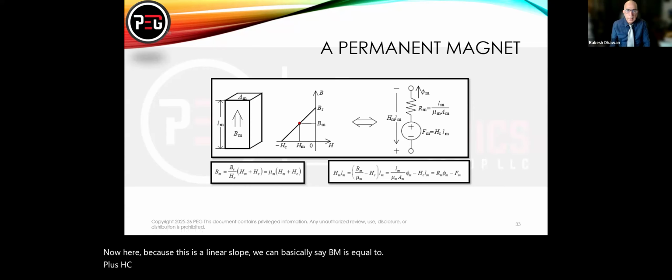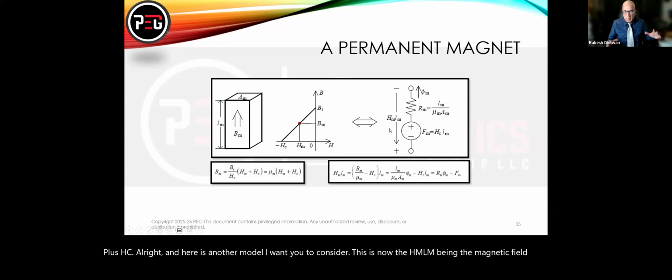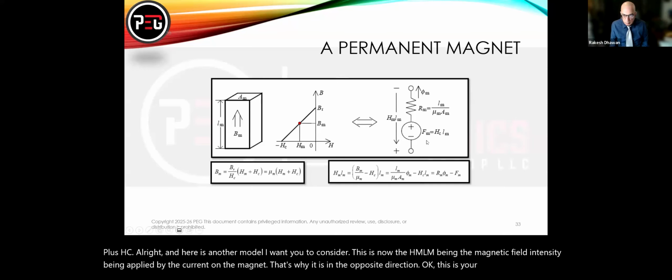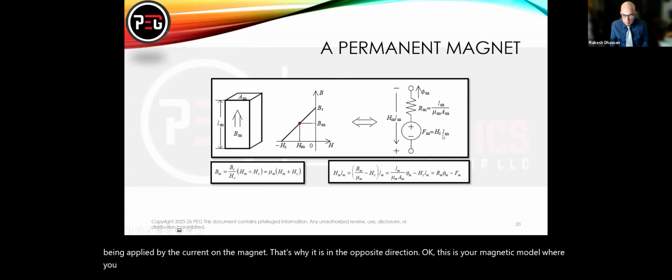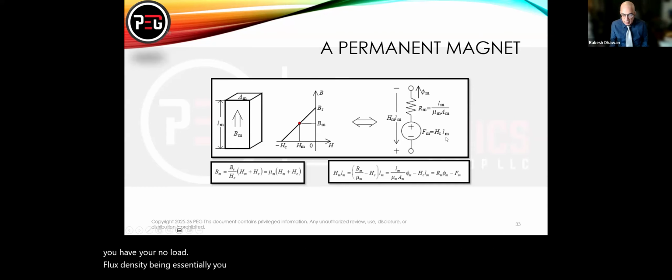And here is another model I want you to consider. This is now the HmLm being the magnetic field intensity applied by the current on the magnet. That's why it is in the opposite direction. This is your magnetic model where you have your no-load flux density, essentially you have the HcLm as your magnetic field intensity force, and you have the reluctance of it.